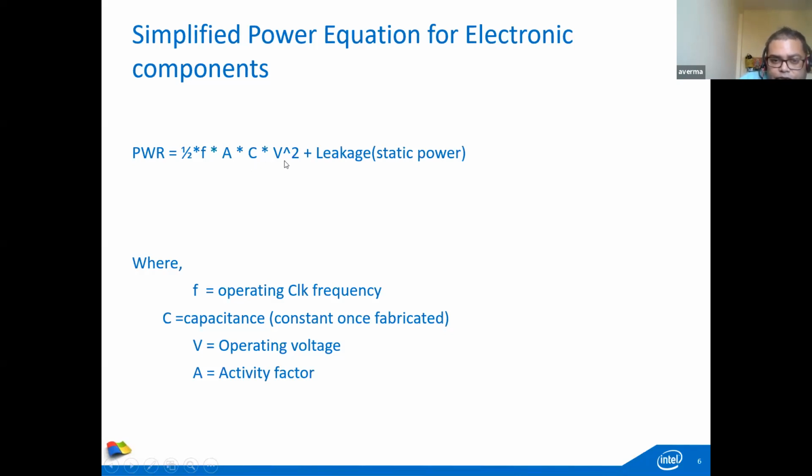Now the voltage is proportional to the square of the voltage. This is one of the important things here: a reduction in the voltage gives you the square of the saving in power. Similarly, if the operating voltage gets doubled, your power will be 4 times, because it's a square proportion. So voltage is very sensitive.